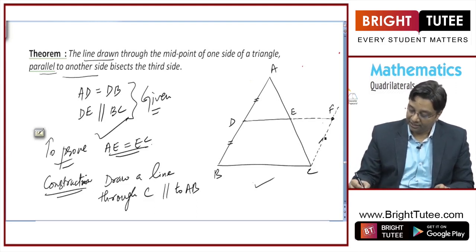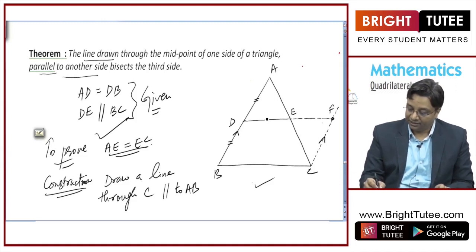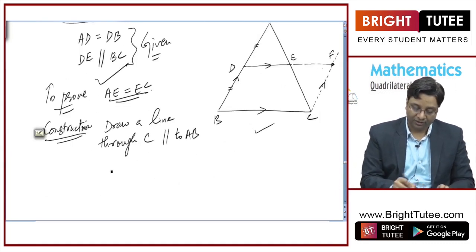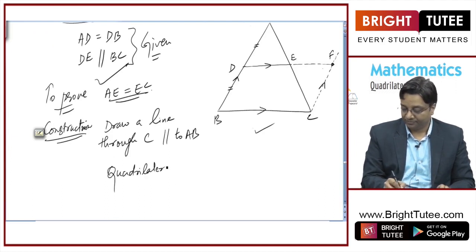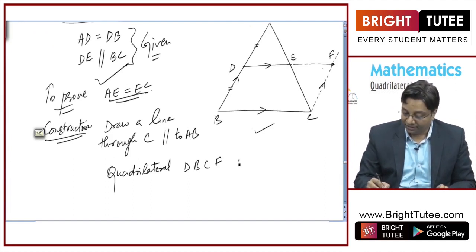So this line here is parallel to this line. This DE is already given as parallel to BC. What can you say about quadrilateral DBCF? I am saying the quadrilateral DBCF is a parallelogram.